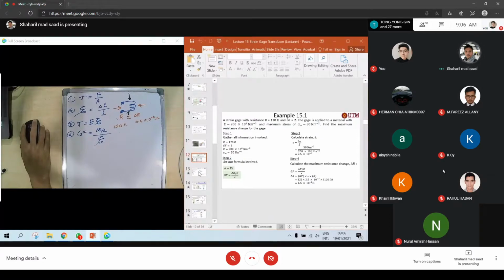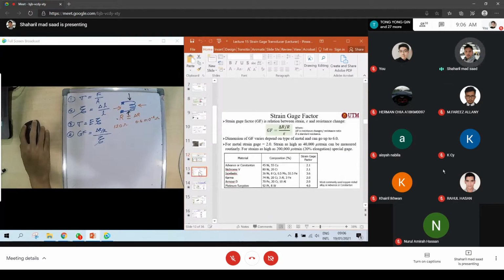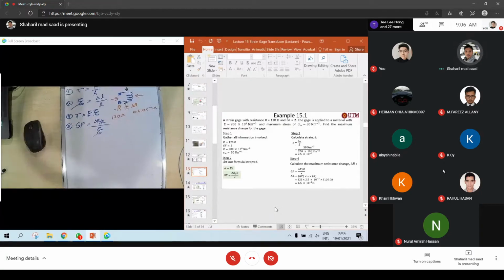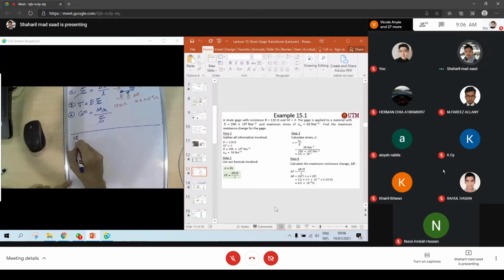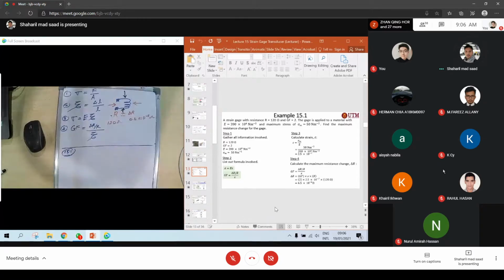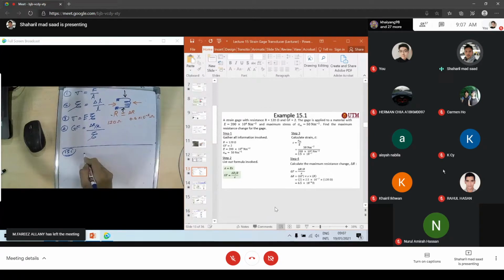Next, example 15.1. This one is quite simple, I think. Right now we have learned four formulas. Example 15.1: a strain gauge with resistance R equal to 120 ohm and gauge factor equal to 2. So you just draw the strain gauge.